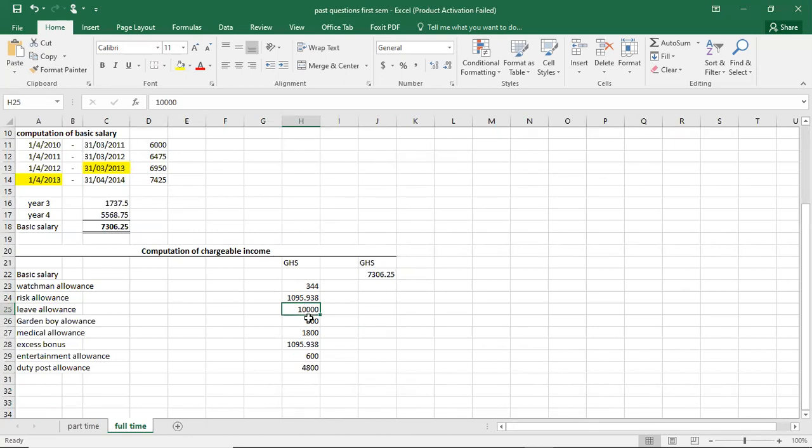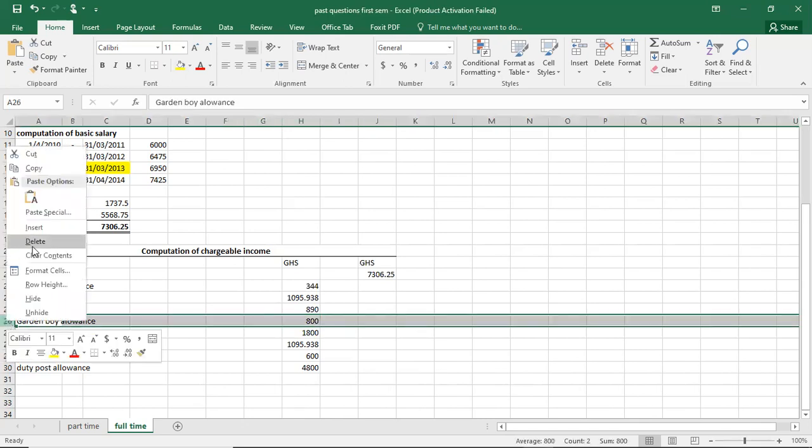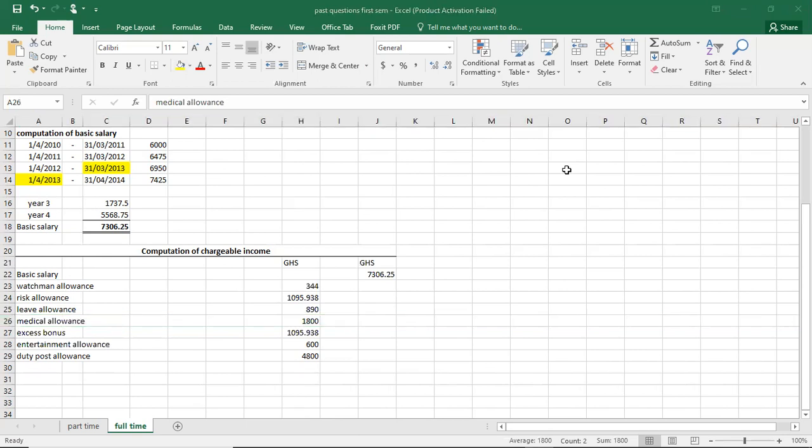The man is also entitled to a leave allowance of 890 per annum, so I change it over there. Then they said a watchman and garden boy on a salary of 130 and 90 per month respectively.